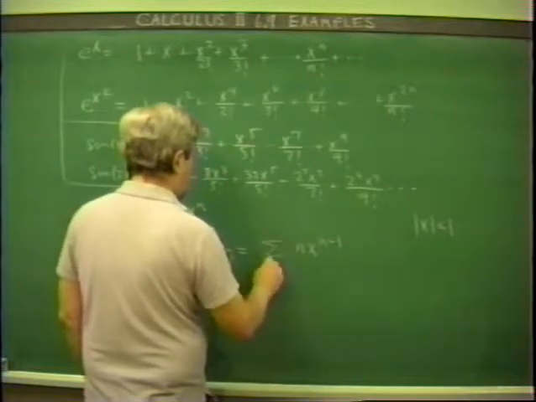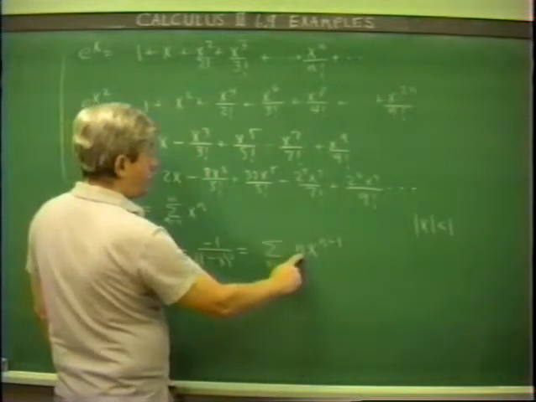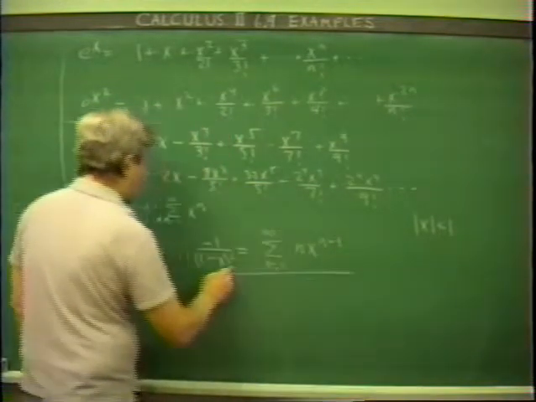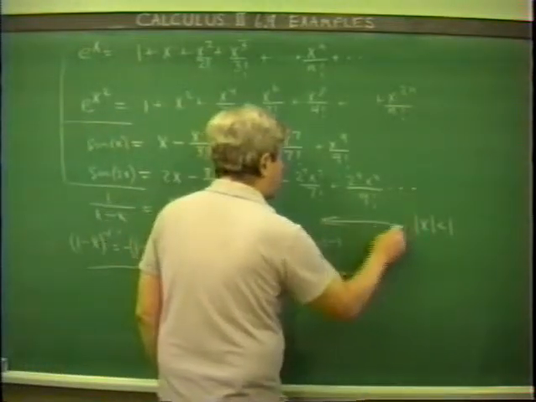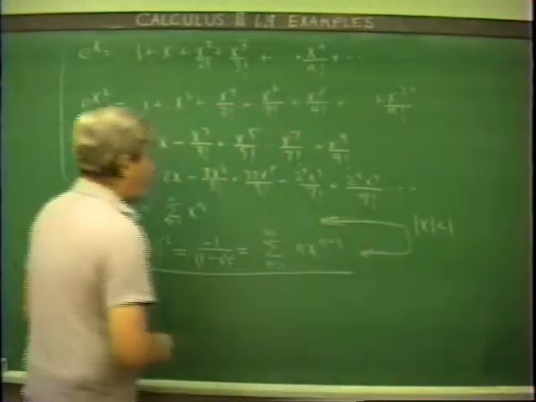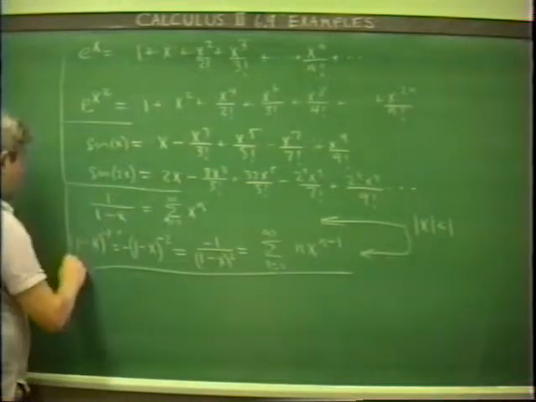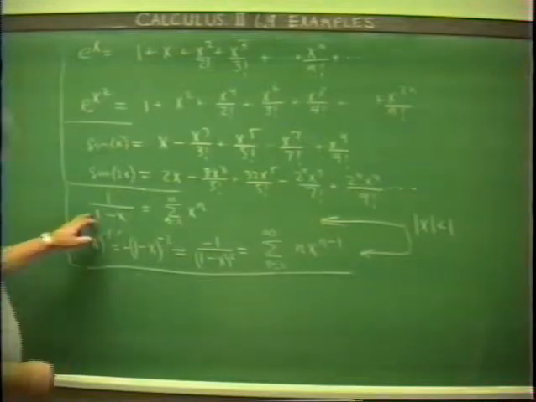That's to say the summation of n x to the n minus 1, n going from 0, in which case we can start at 1 here, because when we put 0 we don't get anything. So n equals 0 to infinity. And this will have the same radius of convergence. That's to say this one converges when absolute x is less than 1, so does this one.